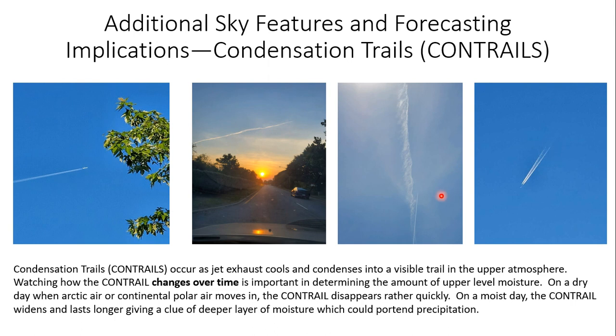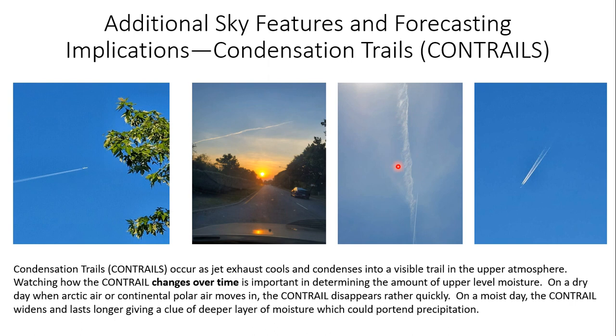And so the duration that these contrails last is important in determining upper level moisture, as well as the upper level winds. So if you get one that widens out like this and is longer lasting, you can know which way the upper level winds are blowing, what direction they're blowing from, by just looking at these contrails.